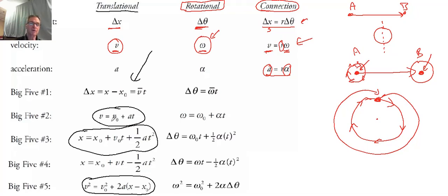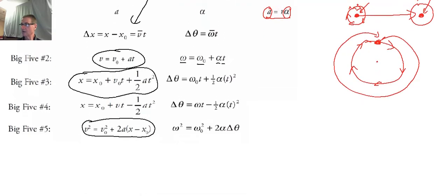For linear velocity, v equals initial velocity plus acceleration times time; well, angular velocity equals initial angular velocity plus angular acceleration times time. The equations are the same exact form. We just replace the translational or linear variables with the rotational variables. No difference, okay?